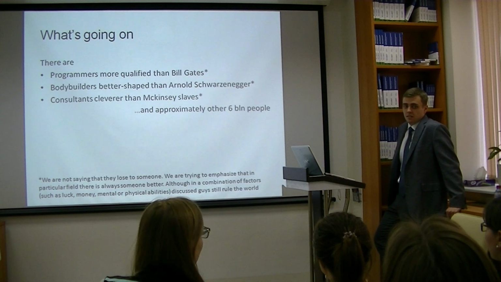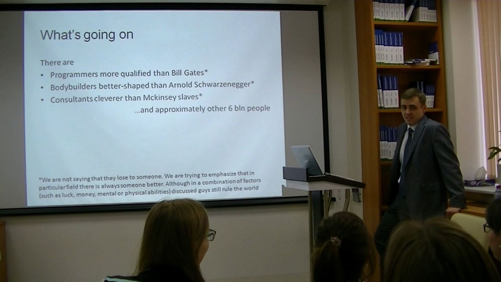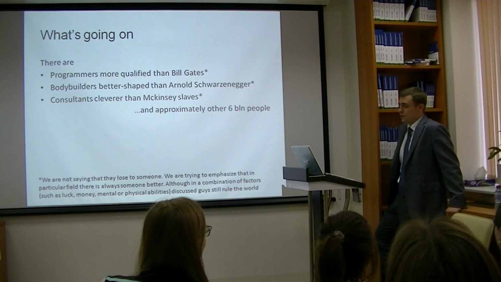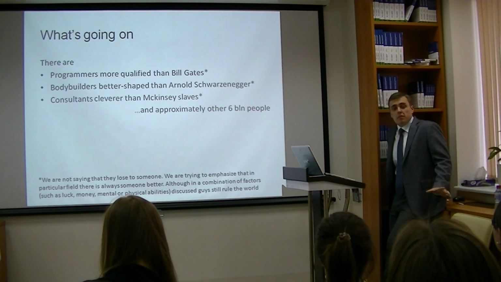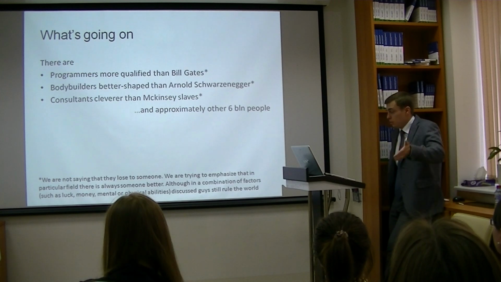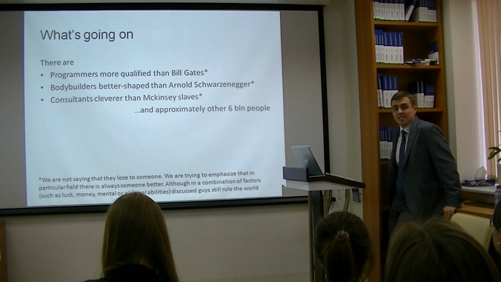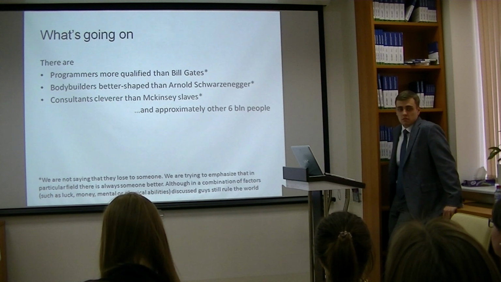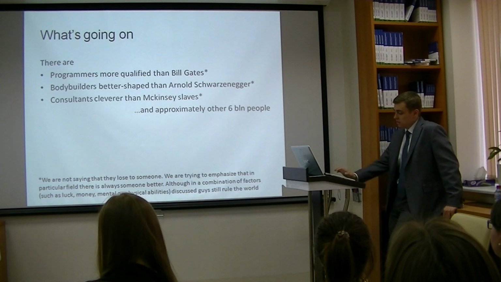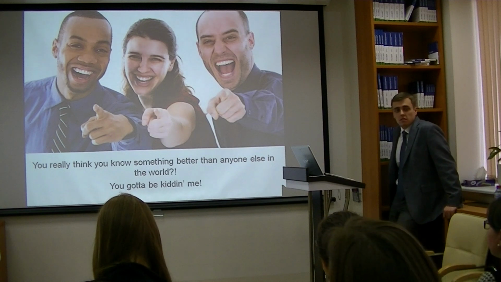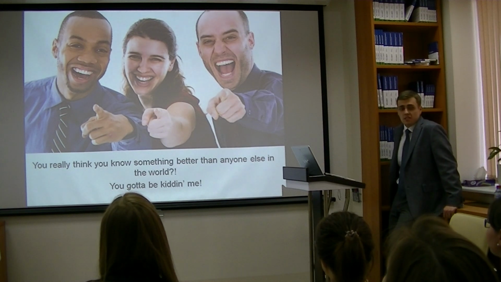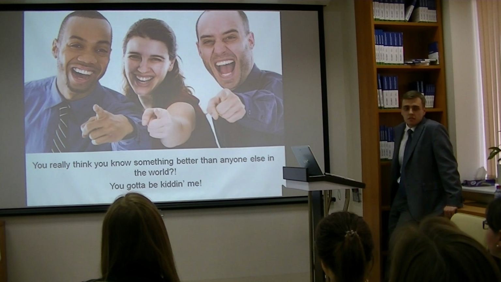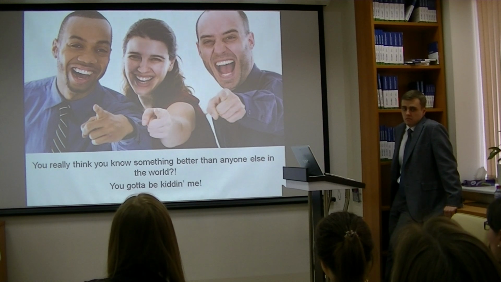Somewhere in the world, because there are 6 billion people. So if you tell me that you're the best at something, you're probably joking, because there's nothing you can be the best at.